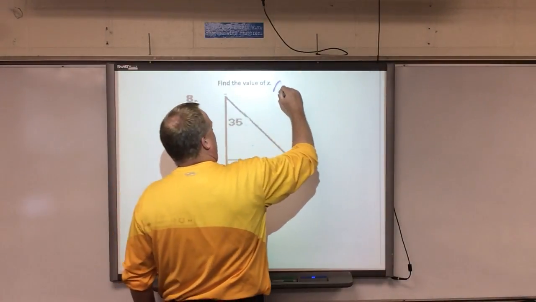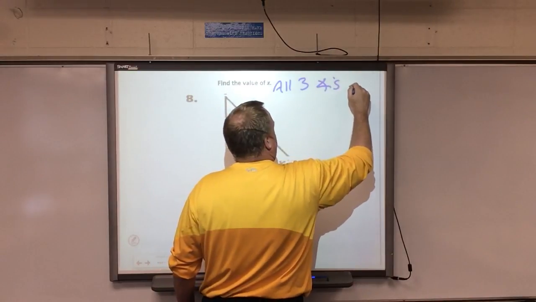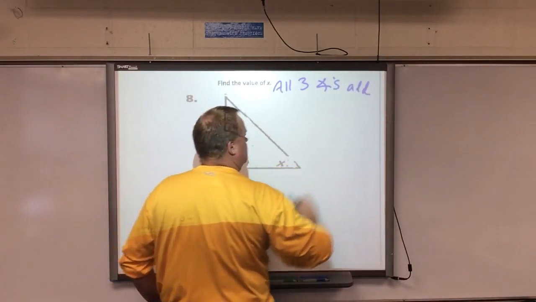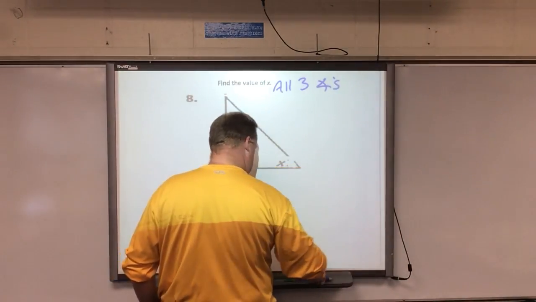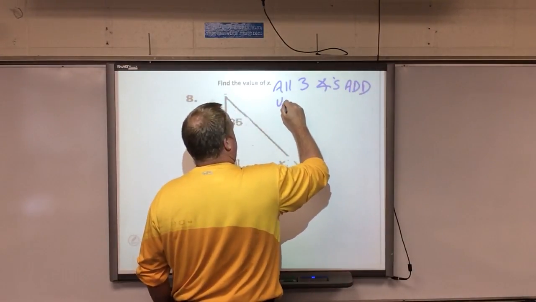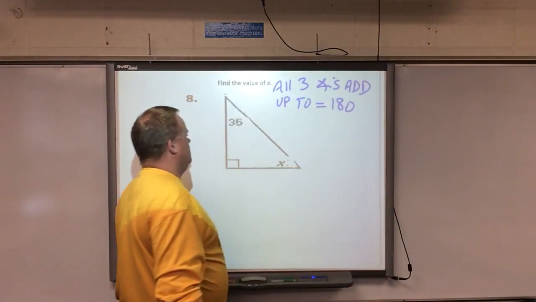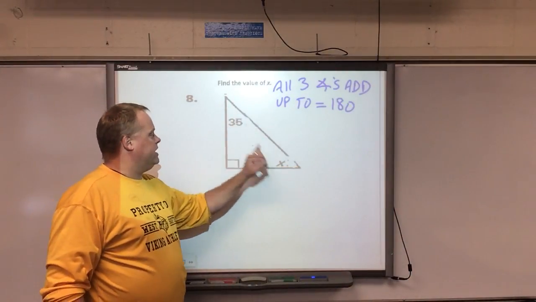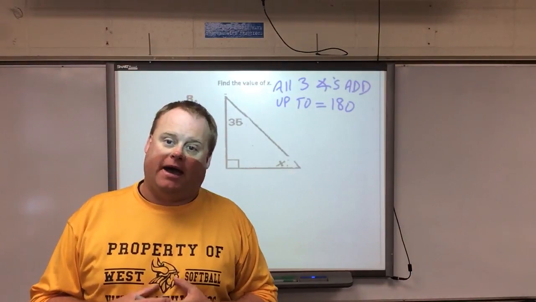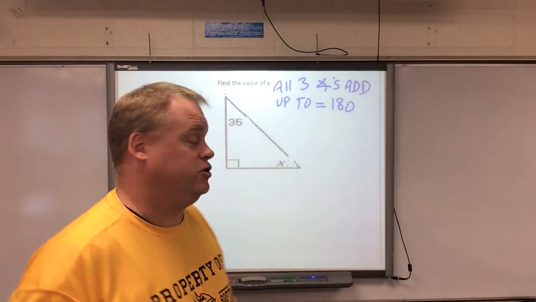So I know that when I look at angles inside a triangle, they all have to add up to 180. It makes it nice and easy mathematically when we start doing these.